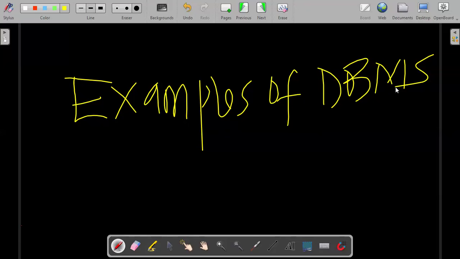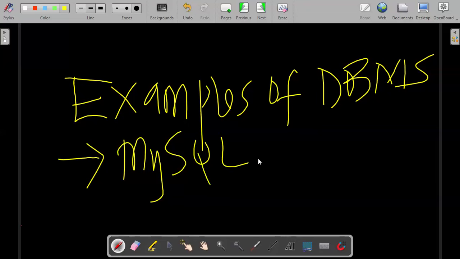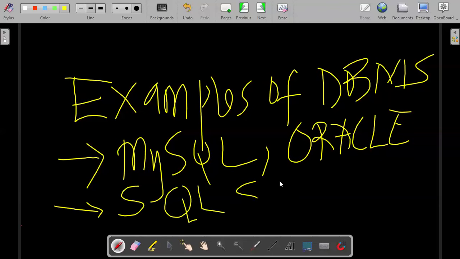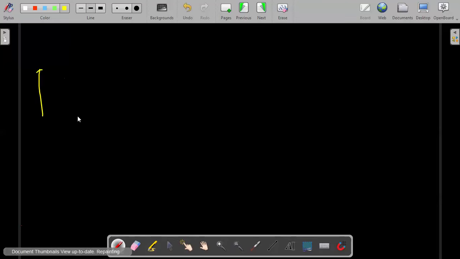So if you are giving examples of DBMS: MySQL, Access, Oracle, MariaDB, SQL Server, Microsoft Access. MS Access is also one of them.